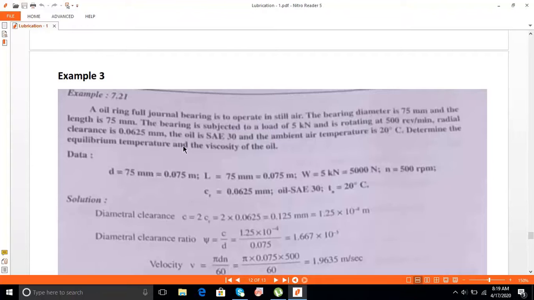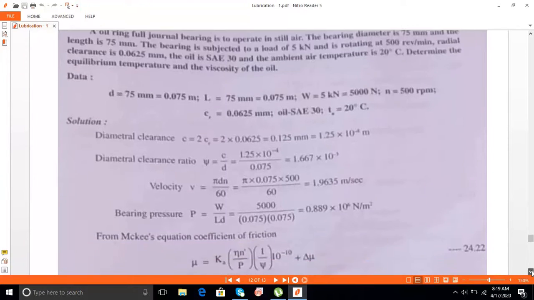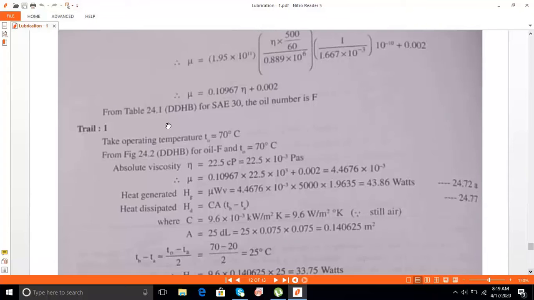So here to calculate, we vary the operating temperature by taking three different trials. You can start from 60, 70, 80, 90 in that way. In this problem they have taken the operating temperature as 70 degrees.